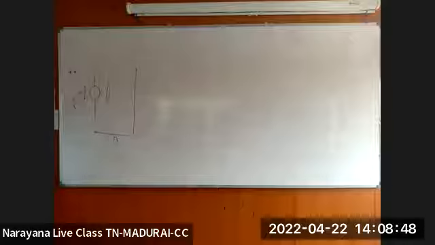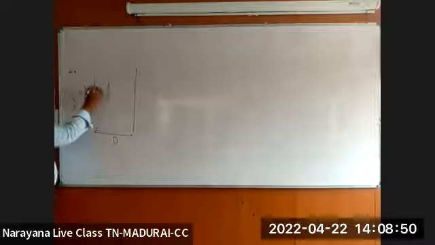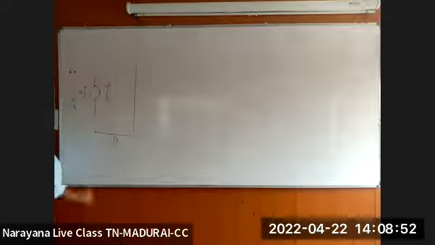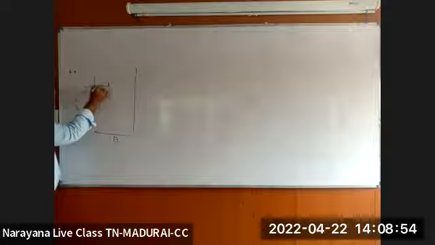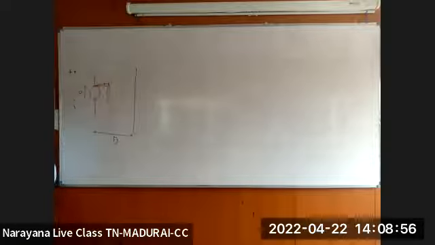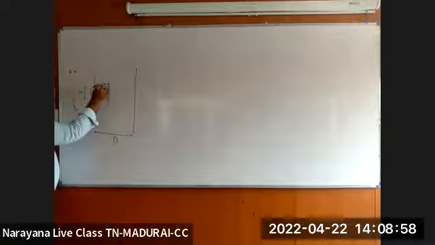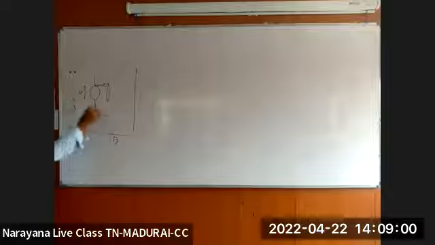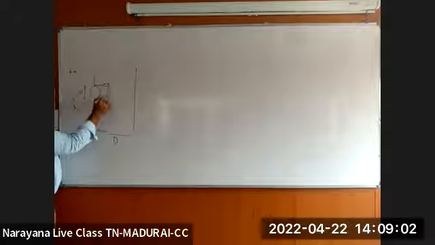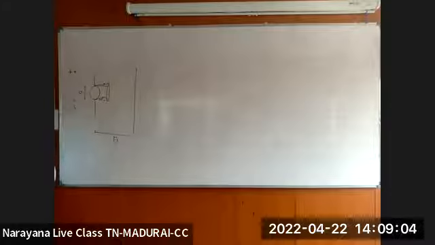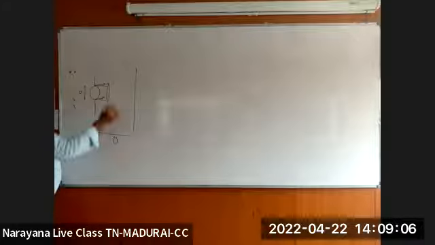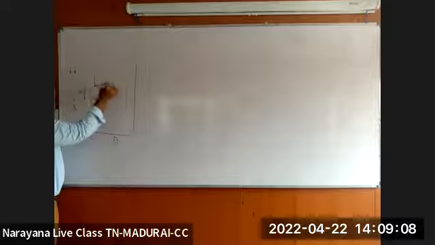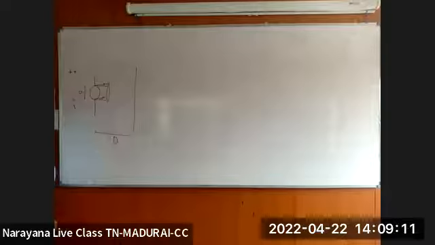So here what will happen? If there is no diffraction, the light rays would go in a straight line, but because of the diffraction, they will bend like this. Let's say this is the angle of diffraction. Here also they will bend by some angle. Then they will undergo several interferences.